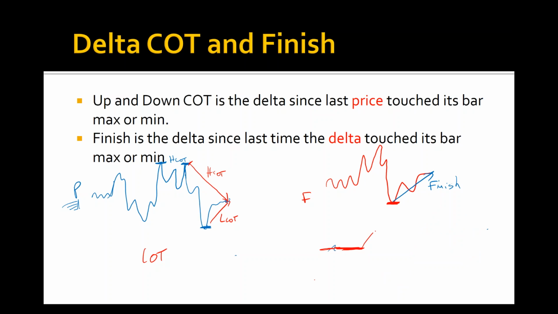So let's say that the delta is here and here, and it closes here. The last thing that it touched between the top and the bottom is the top. So here we have a zero finish because it's closing on its maximum, and we'll also have a zero finish if it closes on the minimum. But if it closes between the maximum and minimum, it's not null.